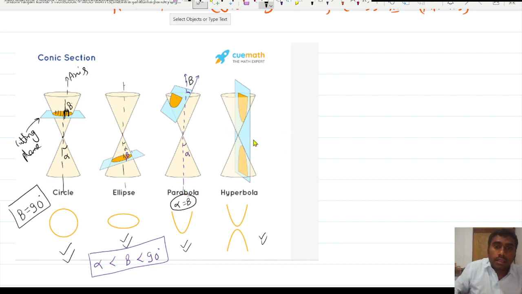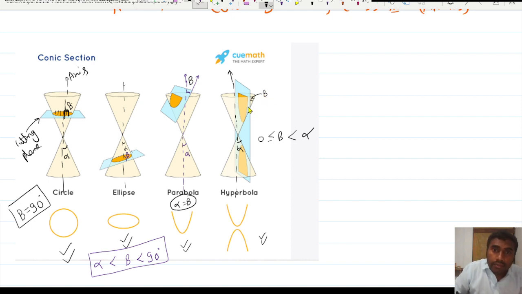And for the hyperbola, see, when alpha is greater than beta, and beta is greater than or equal to 0, this is what happens. Let me draw the axis. This is the axis, this is your angle alpha, and beta is the angle between this plane and the axis.